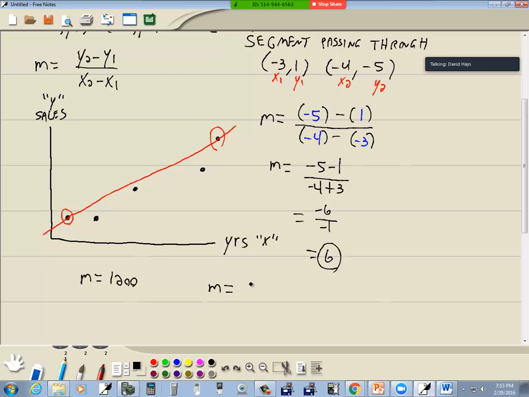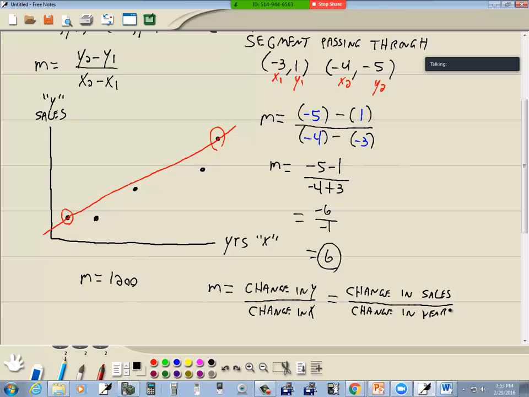So in this case, m is equal to the change in y over the change in x. You just simply replace the y and x with what you're given in the problem. So this would say the change in sales over the change in years. So the interpretation of this 1200 is we'd say the sales is increasing $1,200 per year. So the slope actually becomes meaningful when we look at application problems.